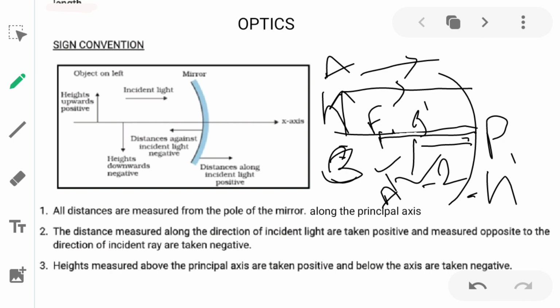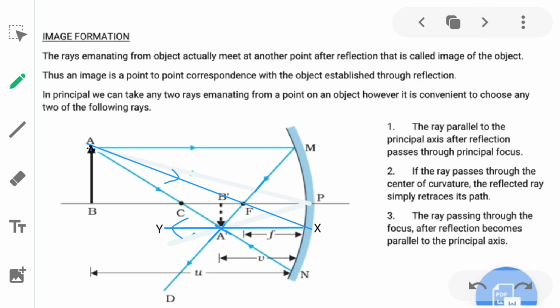Now we'll move on to the next concept, that is nothing but image formation. We'll see how the images are formed and what is an image. Here you can refer to the diagram. We have taken a concave mirror, and there is an object AB placed in front of the mirror.